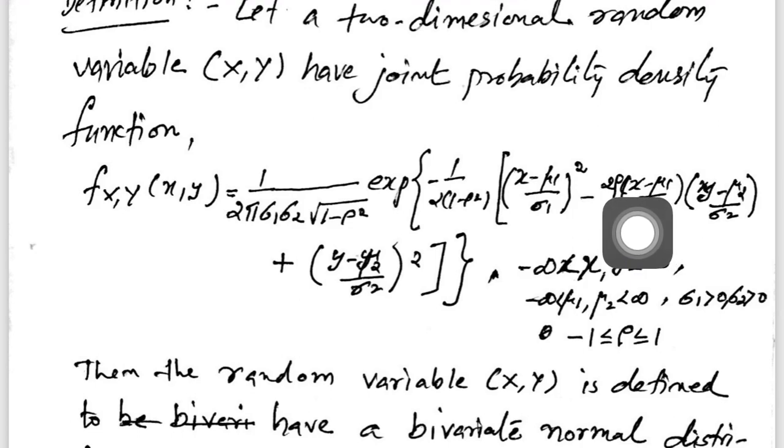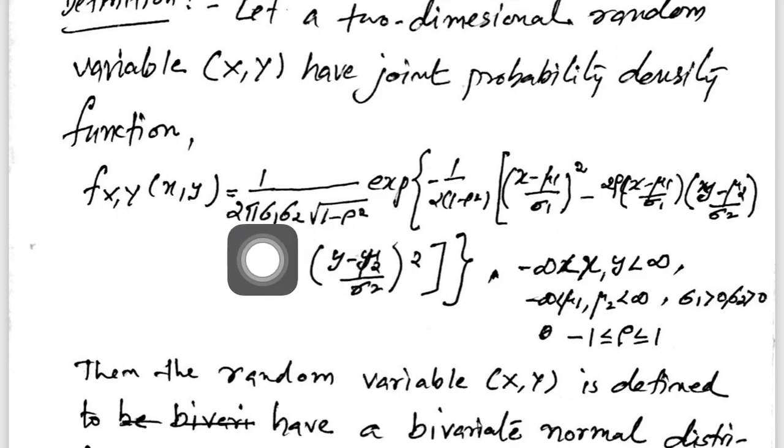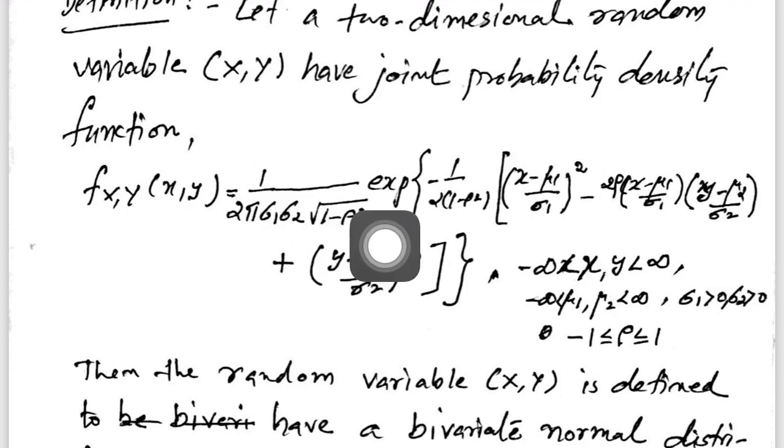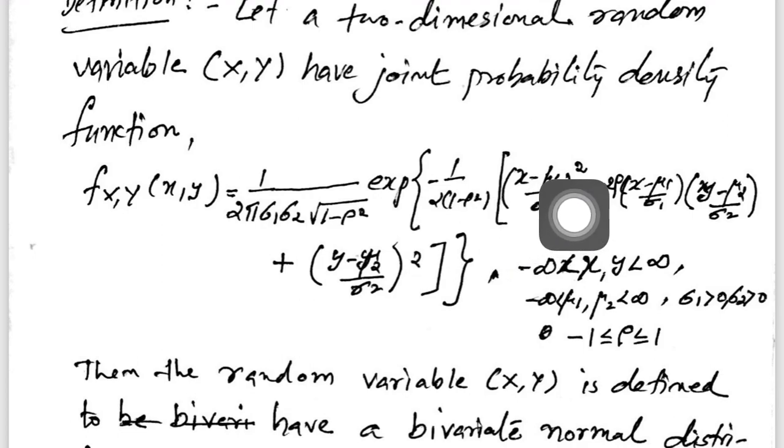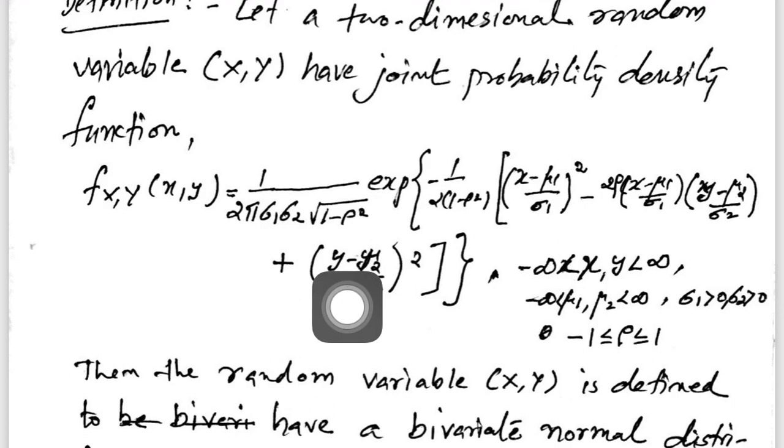So what you get is 1 by 2 pi sigma 1 sigma 2 into e to the power of minus 1 by 2 into the sum of ((x minus mu 1) by sigma 1) square plus ((y minus mu 2) divided by sigma 2) square.